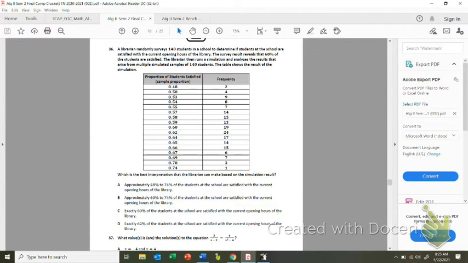It says a librarian randomly surveys 140 students in a school to determine if students at the school are satisfied with the current opening hours of the library. The survey result reveals that 60% of the students are satisfied. The librarian then runs a simulation and analyzes the results that arise from multiple simulated samples of 140 students.